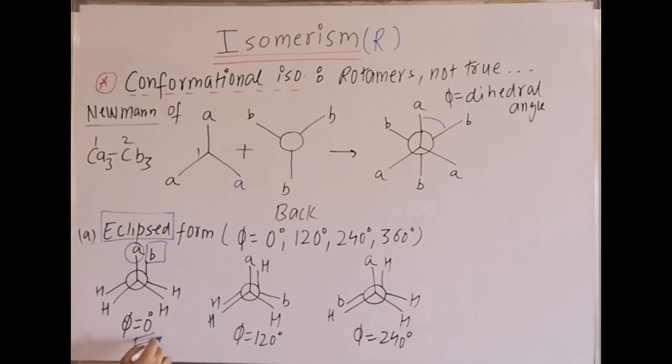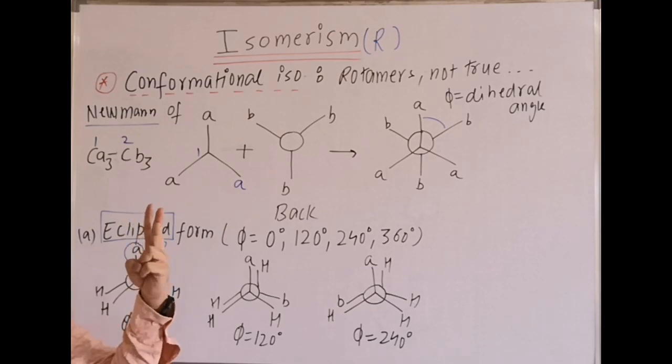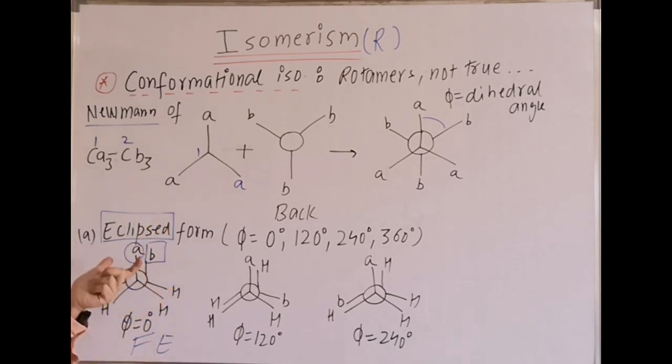It is fully eclipsed form. Why am I using the term fully? Because there are other possibilities also where A is not in front of the group B, because hydrogen will be the smallest possibility. Any other group is present, then these 2 bulky groups are exactly in front of each other. That means it is fully eclipsed form.